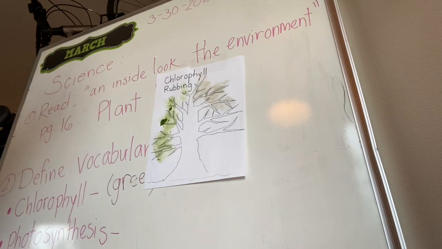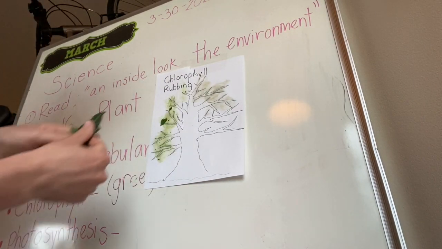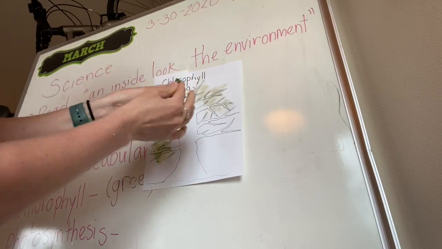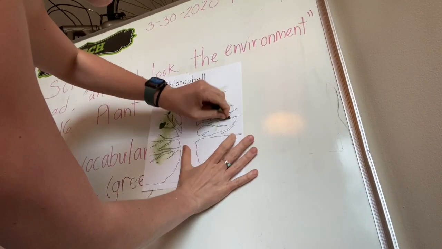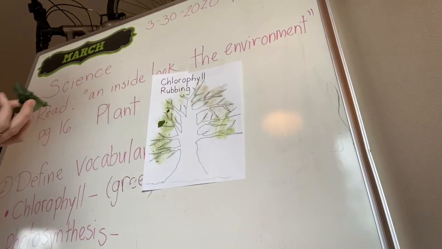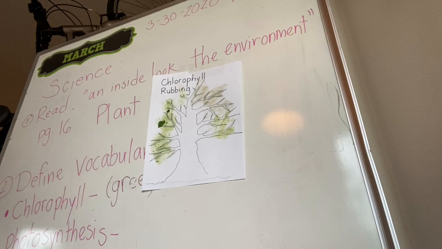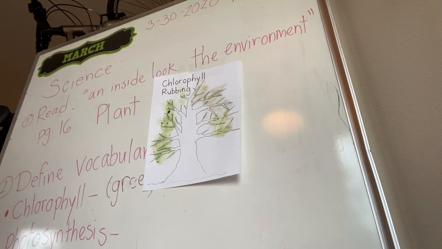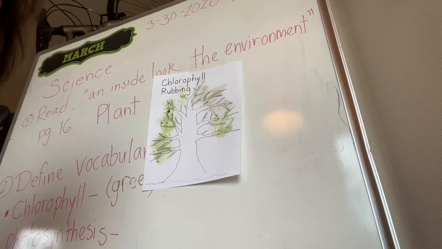We still have one thing left that we can try. But like I said, this could be anything, just plain grass. Our ivy leaf. And you might have to put a little elbow grease into it and really rub on it. So that is our chlorophyll rubbing.